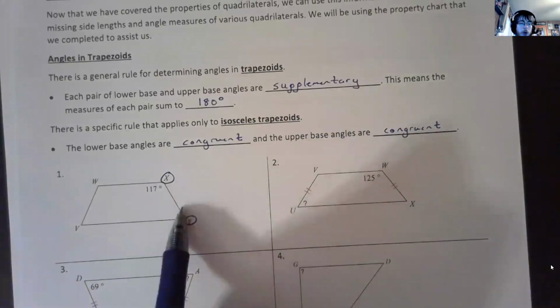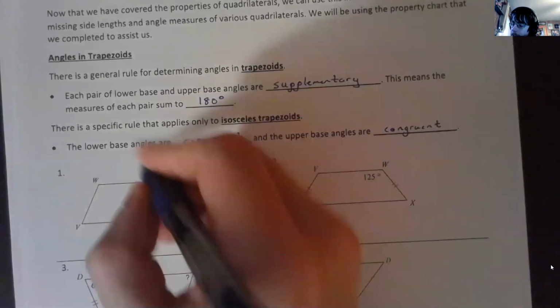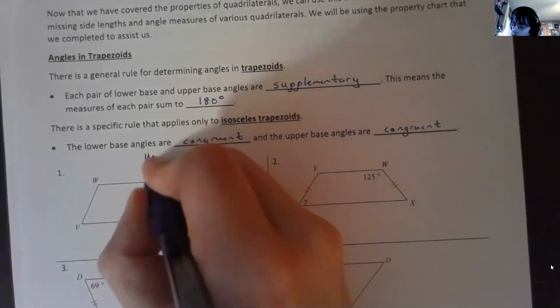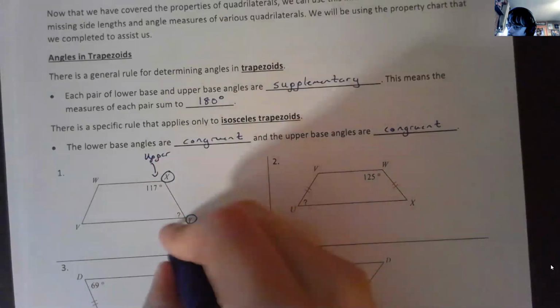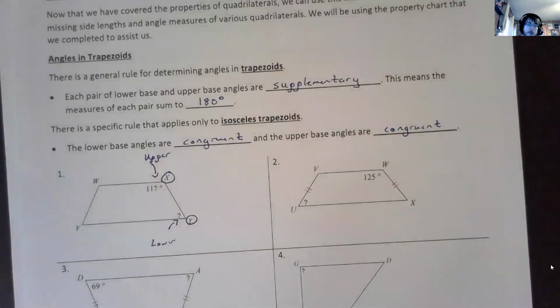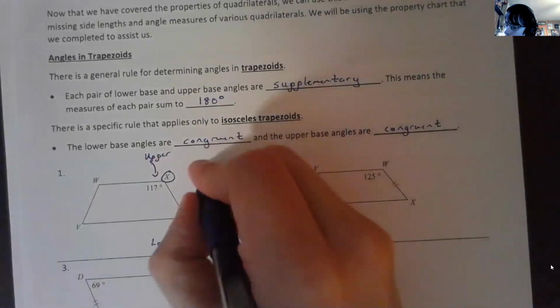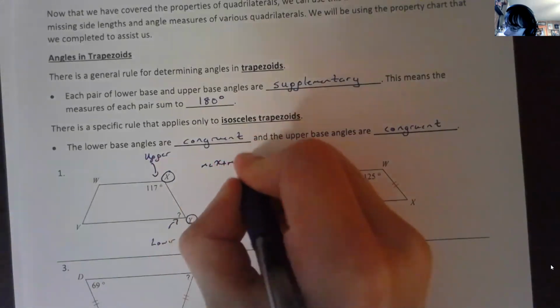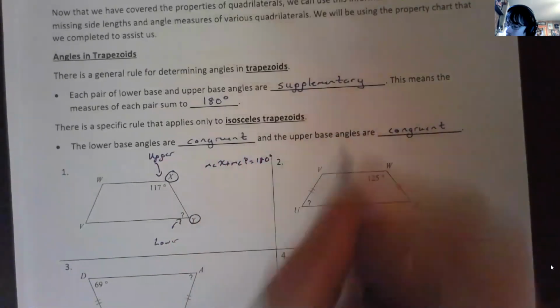If we look at X and Y here, X is one of our upper base angles, and Y is one of our lower base angles. Since we have 1 upper base angle and 1 lower base angle connected by the leg, these are supplementary. So the measure of angle X plus the measure of angle Y must equal 180.